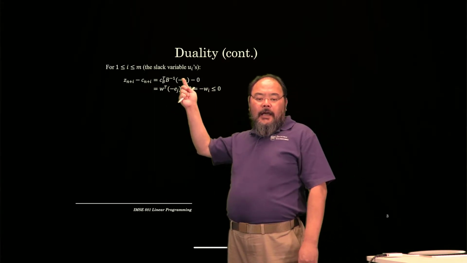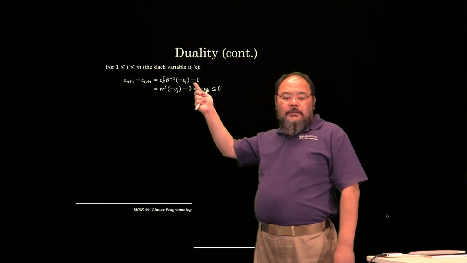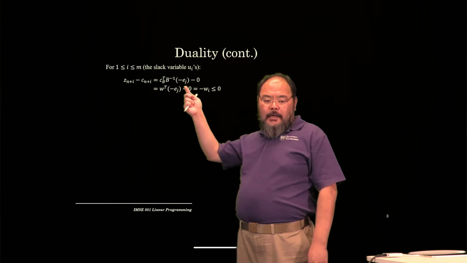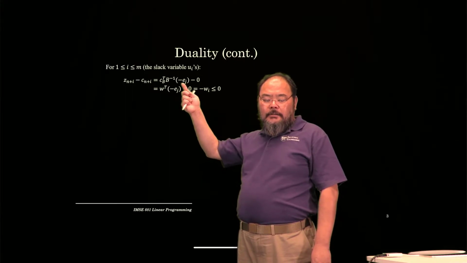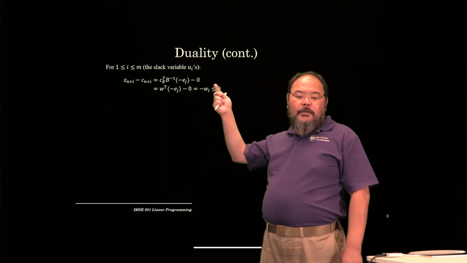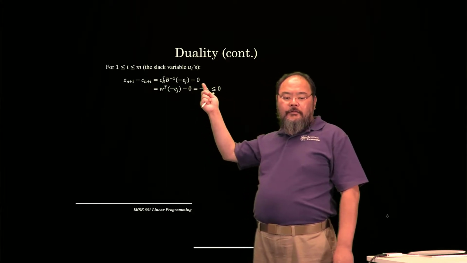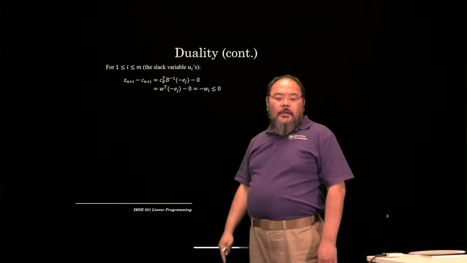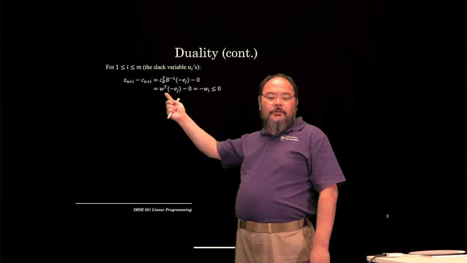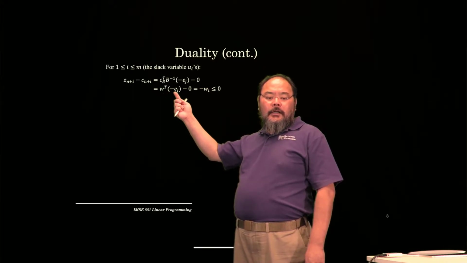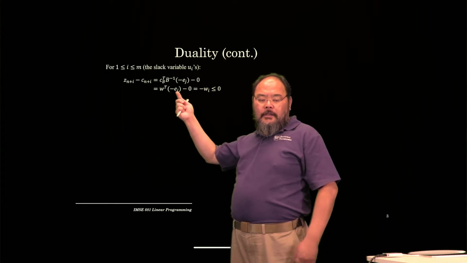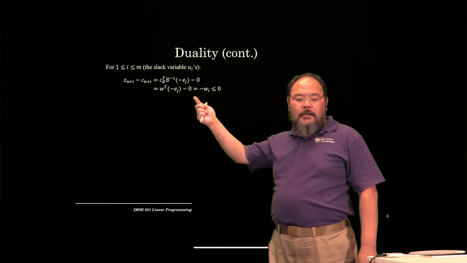However, since they are surplus columns, they have a negative 1. So the entire column will be a negative unit vector, and minus 0 because their corresponding cost coefficient equals 0. We know that cB transpose times B inverse equals omega transpose, so it becomes omega transpose times the negative unit column, minus 0.